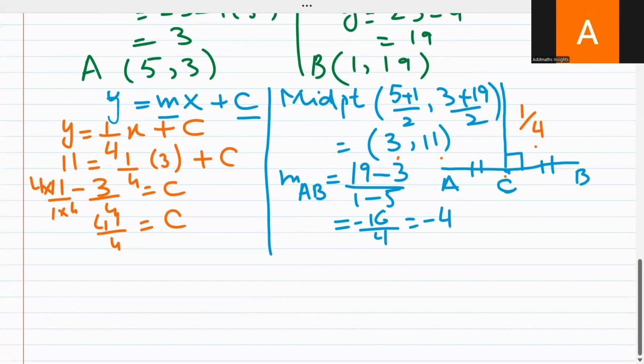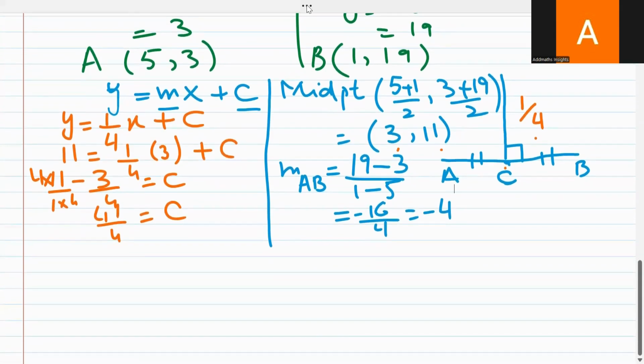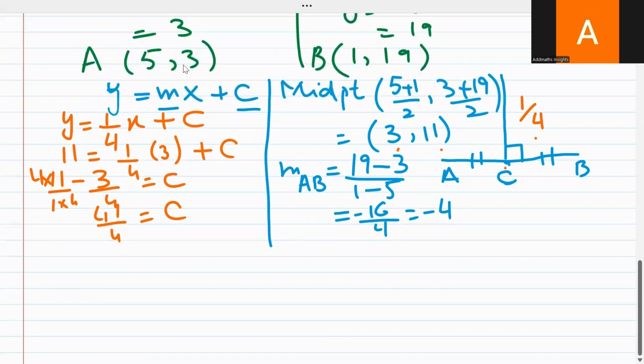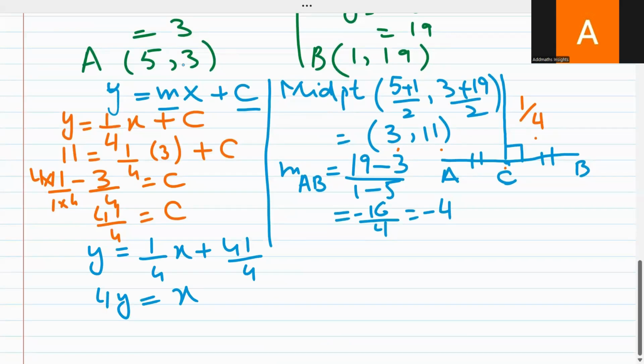Now you can back substitute this value in the general form, y equals mx plus c, and find the equation, which is y equals 1 by 4x plus 41 by 4. You can take 4 as the LCM and cross multiply, or you may leave your answer there as well. So this is your answer.